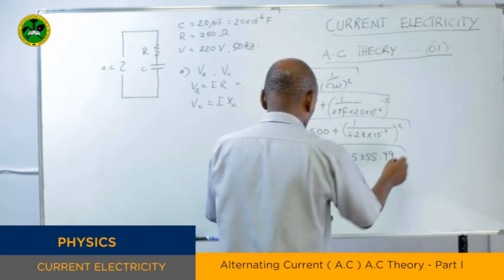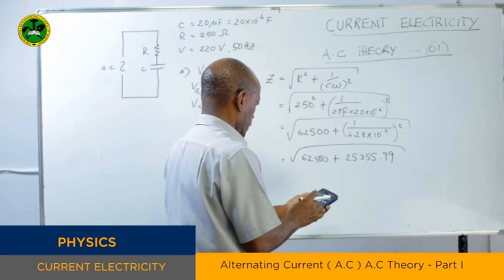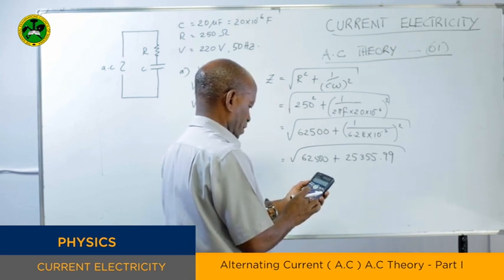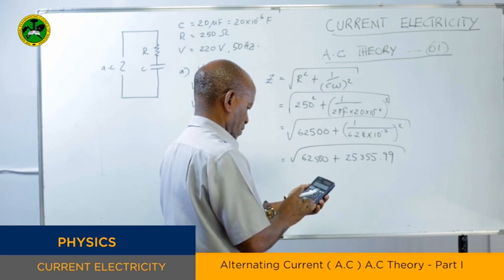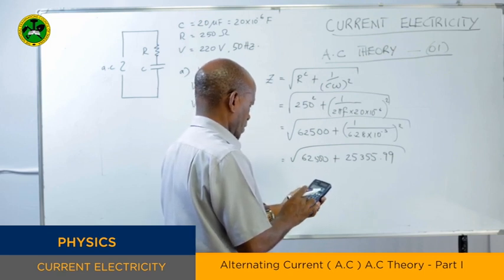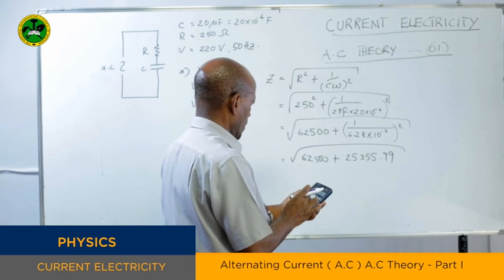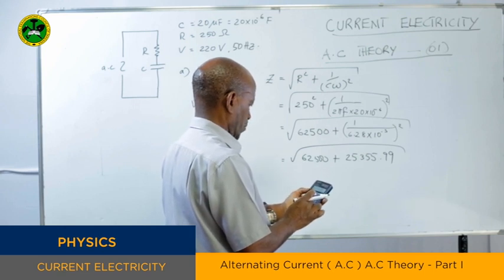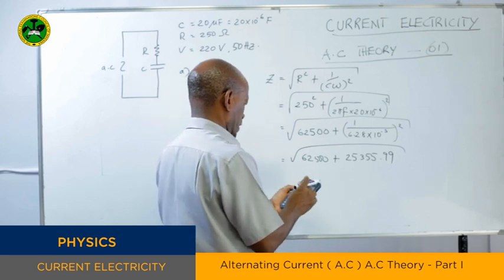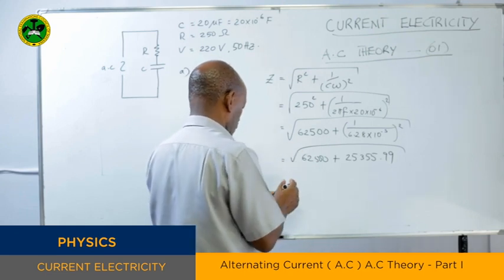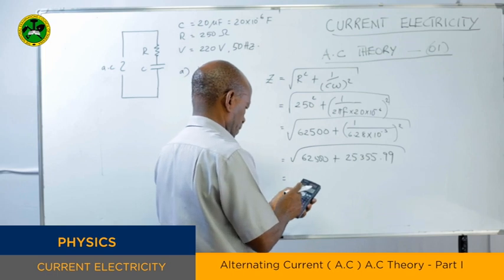If I add that to 62,500, I'm going to get the answer. Let me take the square root to get the final answer.